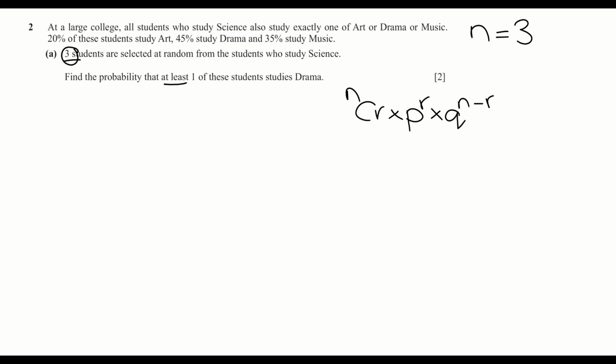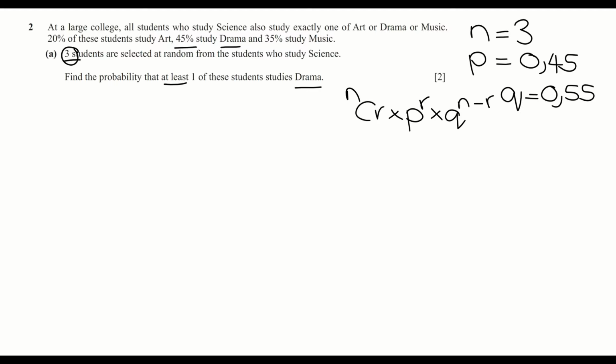We're looking at students who study drama, and the question tells us that 45% study drama. So our value for p, 45% as a decimal, is 0.45. q is the complement, so q has to be 0.55.